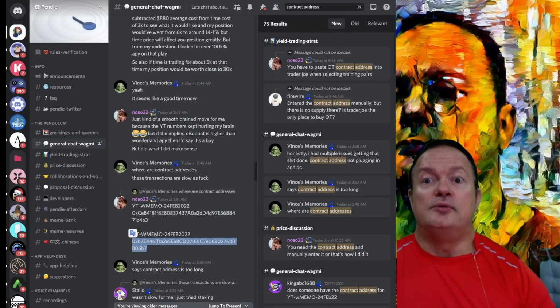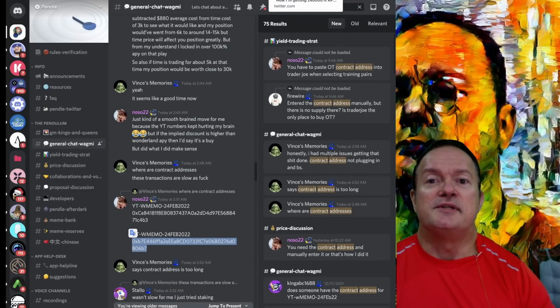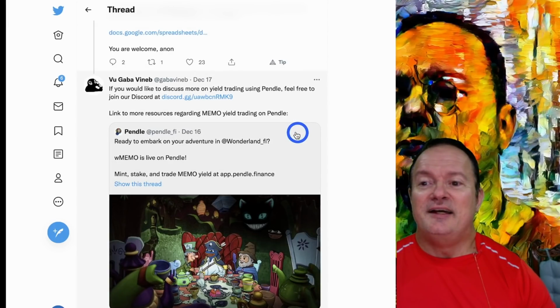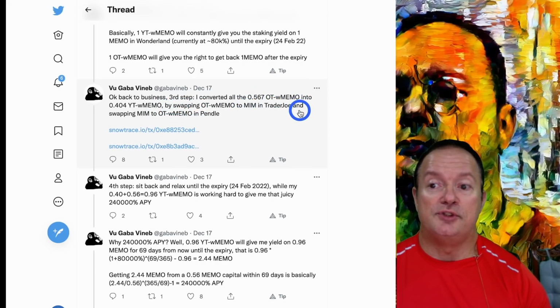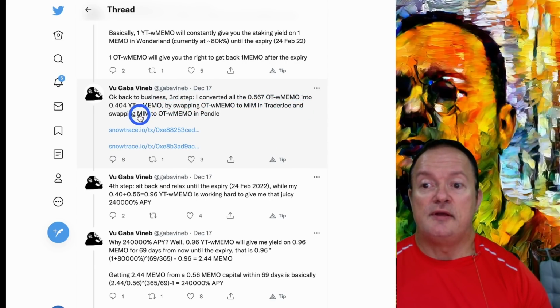Okay. All right. So next step. Let's go back here because there are lots of steps. So basically what you wanted to do on the third step, that's where we're at right now, is converting our OT-wMEMO into more YT-wMEMO by swapping OT into MEM on TraderJoe and swapping MEM to OT-wMEMO in Pendle.